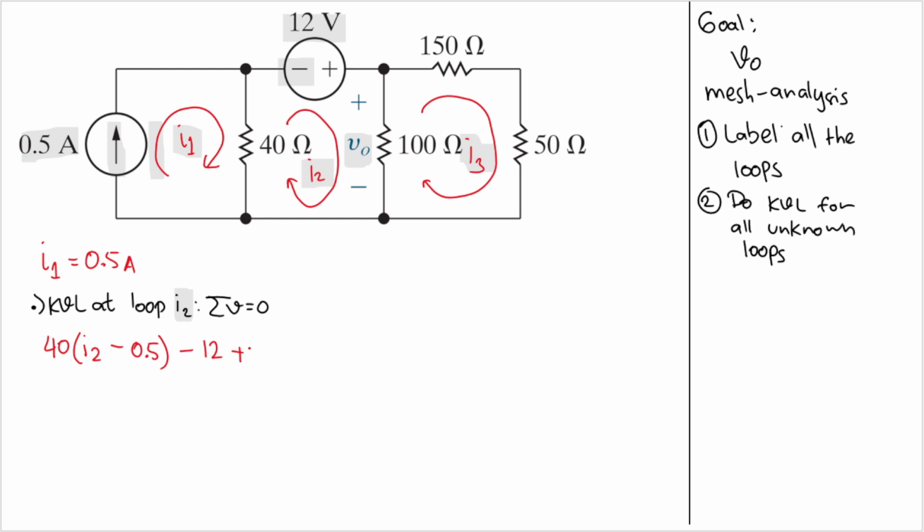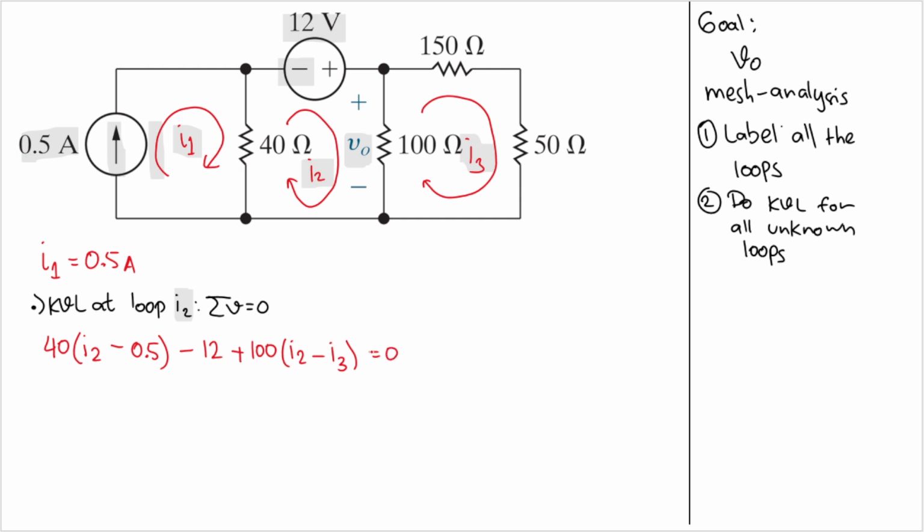So I will have plus 100. And remember, this is resistance. We need to multiply it by the current. But we are working on I2, so I2 comes first. I will have I2 here. Good. And then minus I3 flowing in the opposite direction. So I have I3. And I think we have finished because we have three components, right? 1, 2, 3, and we have three terms. 1, 2, 3. And all of that will equal 0.